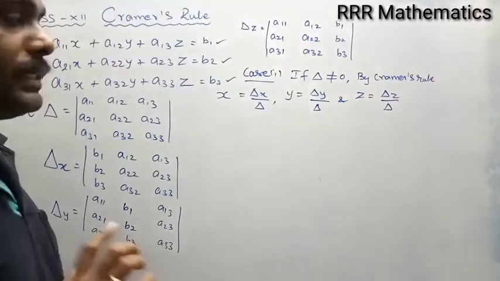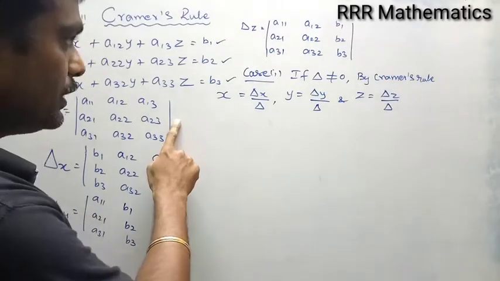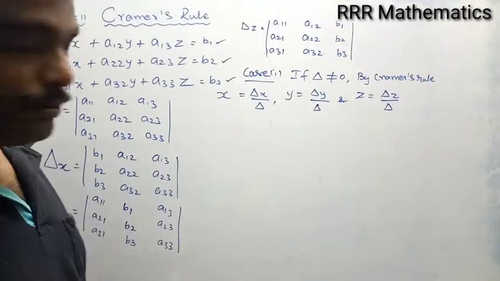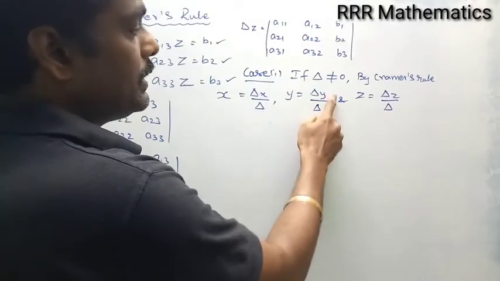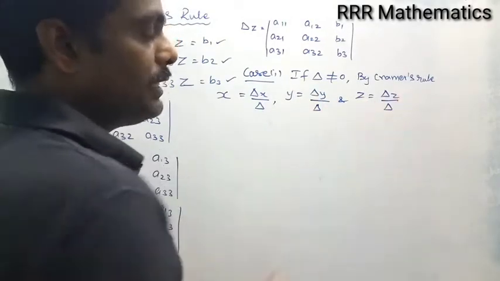Got it? Case 1: if delta is not equal to 0, then you can apply Cramer's rule. You can find x equal to delta x by delta, y equal to delta y by delta, z equal to delta z by delta.